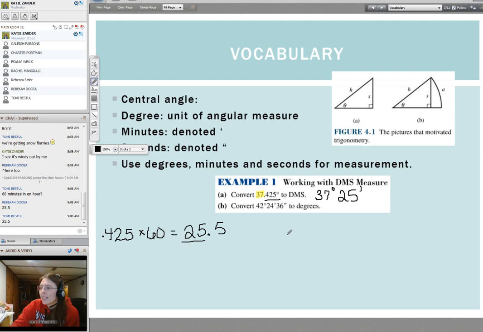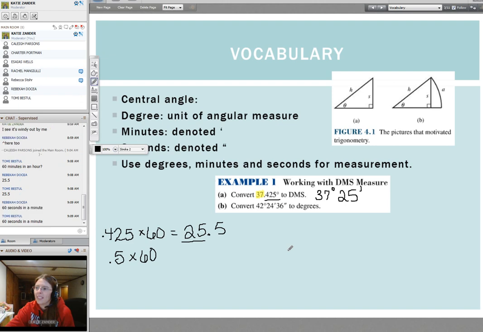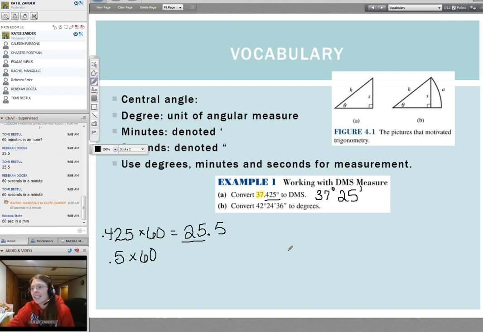We have to take the decimal from that response, and we're going to multiply by 60 again to figure out how many seconds there are. Now, why am I multiplying by 60 again to figure out the seconds part? Because there's 60 seconds in a minute. Awesome. We have to remember those calculations for part B coming up in a moment here.